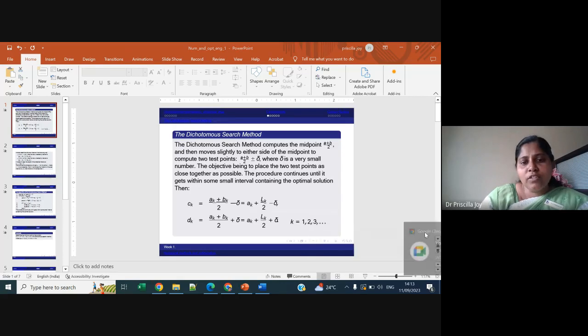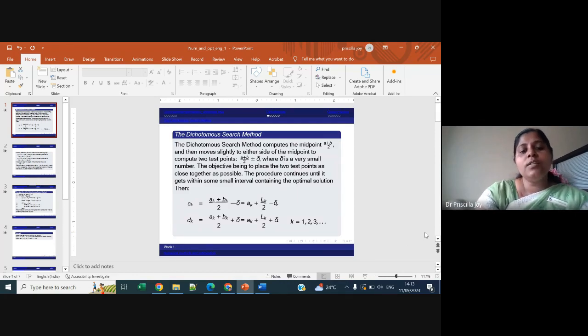So in the case of the dichotomous method, we will be sticking to two such parameters, that is ck as well as dk. ck is calculated as (ak plus bk) divided by 2 minus delta, where delta is the value which is provided.